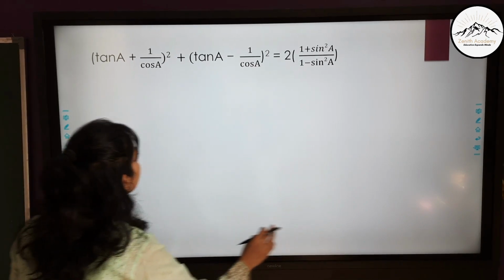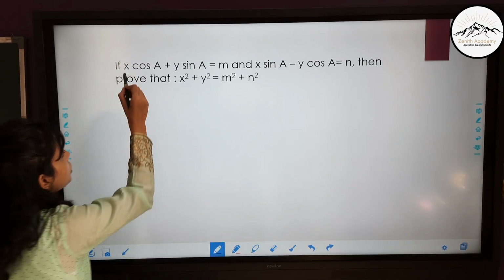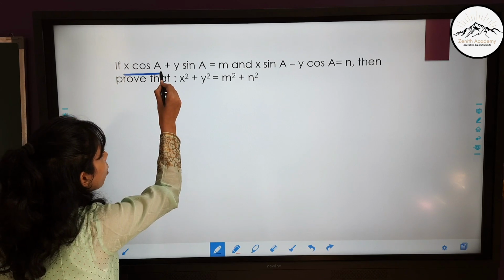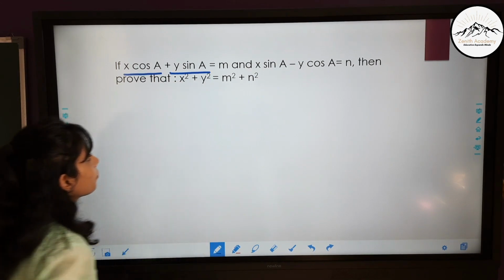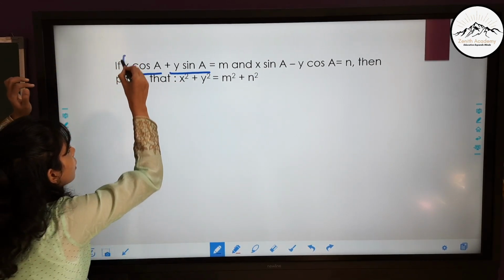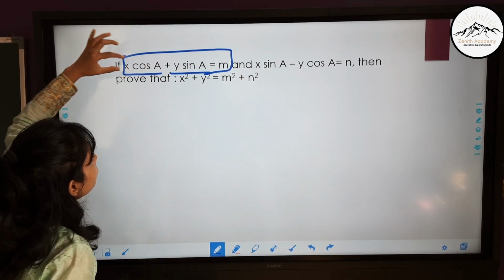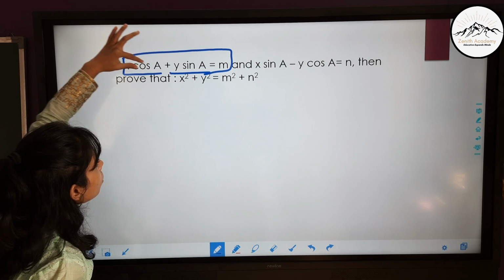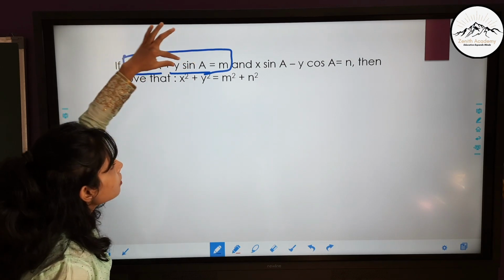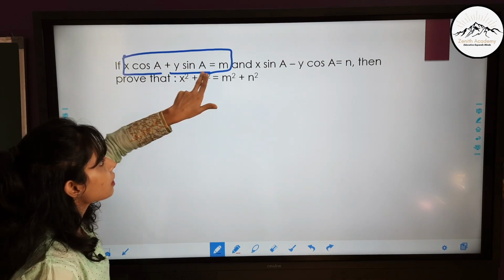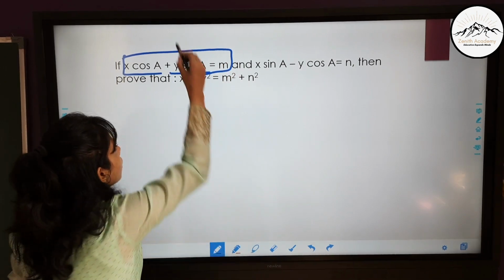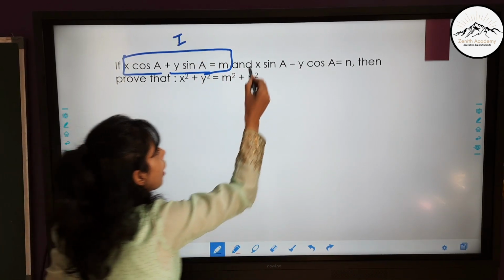Next question. Now what our question is: x cos A and y sin A. In this whole equation, the coefficient of cos is x and of sine is y. So x cos A plus y sin A is equal to m. This is our first term.